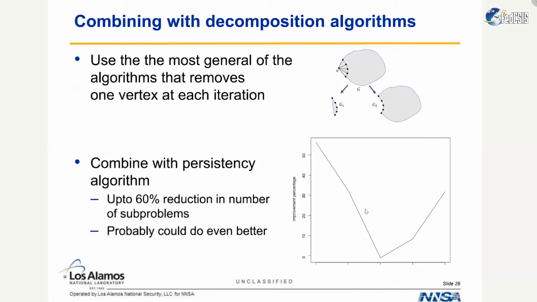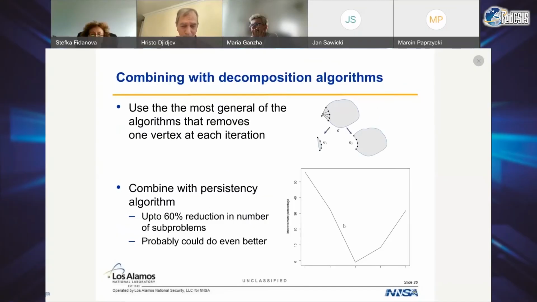In our experiments, we see that using the persistency method can improve performance, though in one case we cannot get rid of any additional subproblems, 0%. But in some cases we get rid of more than half of, sorry, not variables, but subproblems. In one case, we got almost 60% of the subproblems removed.